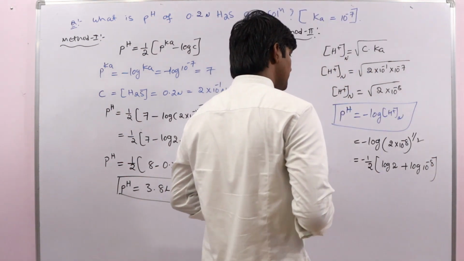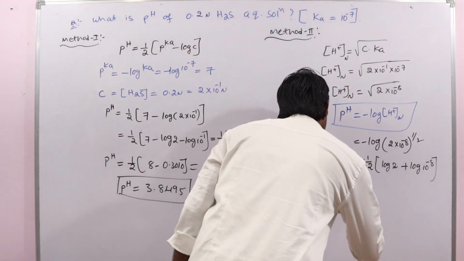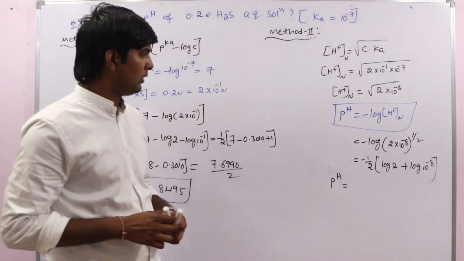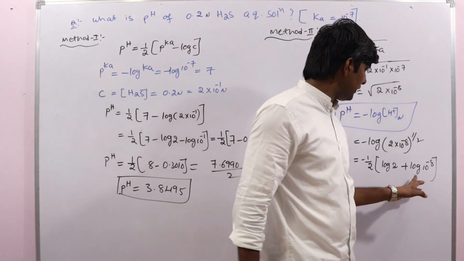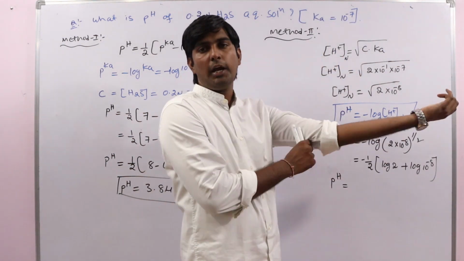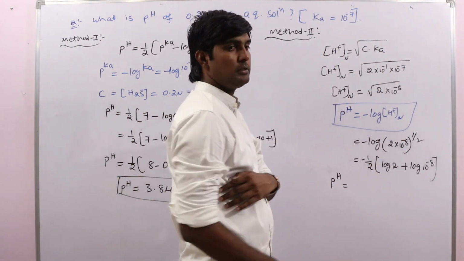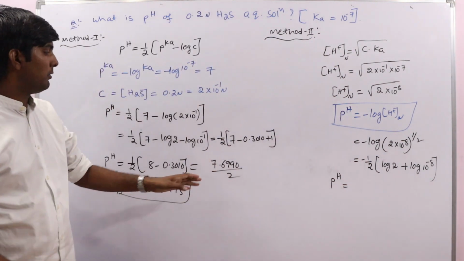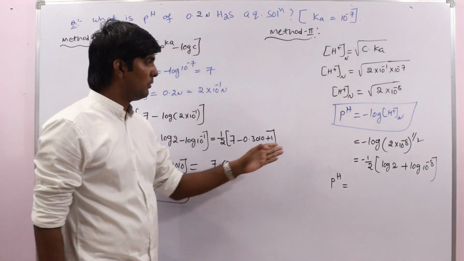So after simplification of this we get the same result. Log 2 is 0.3010 and here we get minus 8. Minus 8 plus 0.3010 means again we get 7.6990 by 2.